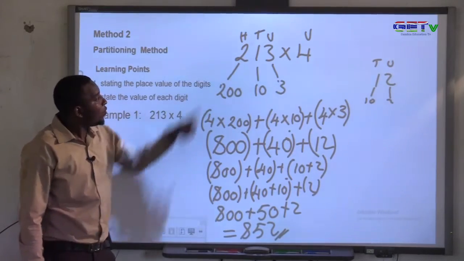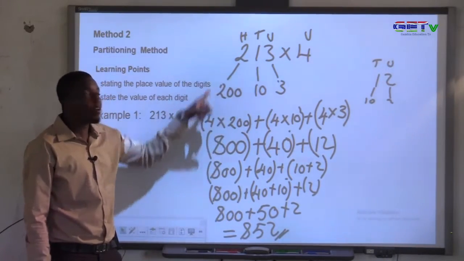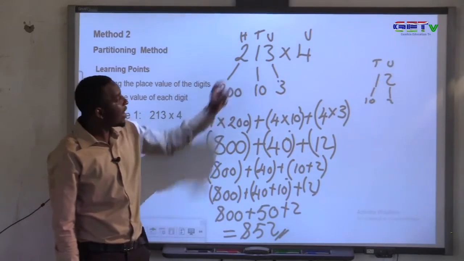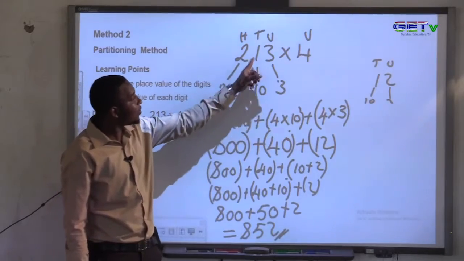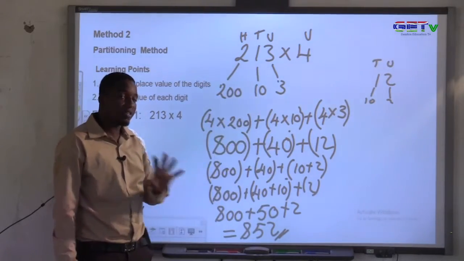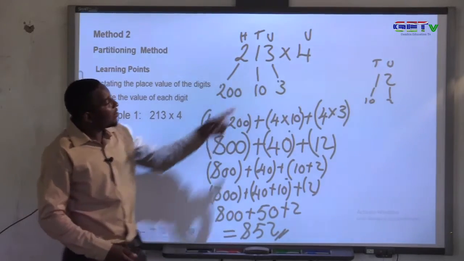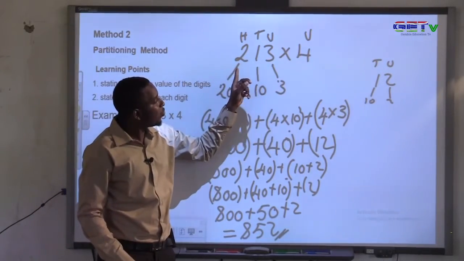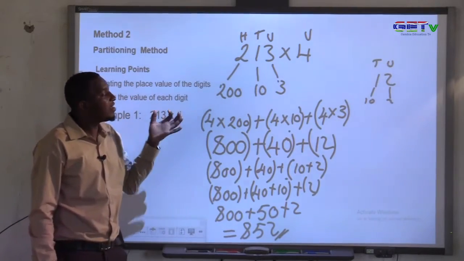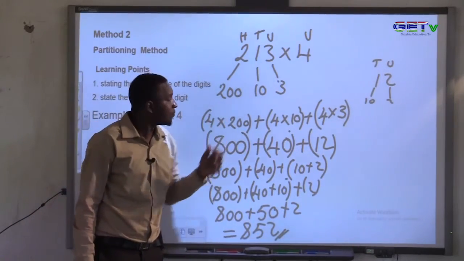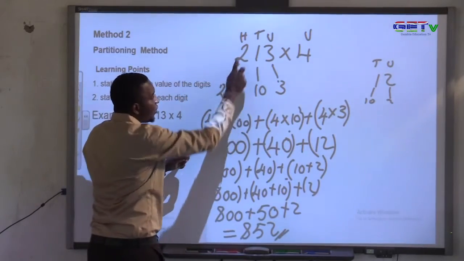Again, we state the value of 2 as 200 because it's under the hundreds column. We state the value of 1 as 10 because it's under the tens. And we state the value of 3 as 3 because it is under the units. We said instead of multiplying 4 by 2, 1, and 3, we are going to multiply 4 by their respective values.